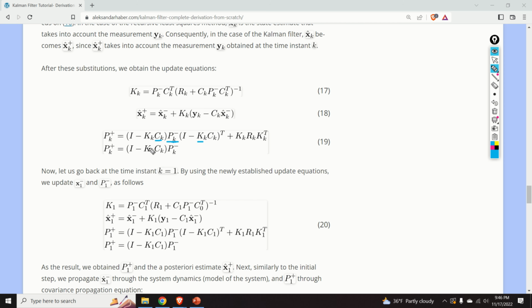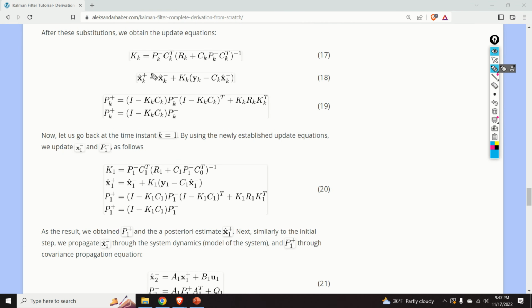You have an alternative form of the covariance matrix, and this is the form. However, it's more preferable from the numerical perspective to use this first form, since the first form is more numerically stable and more robust.